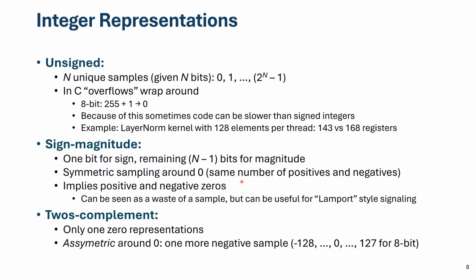So if we think about 8-bit integers, if we have value 255, which is the maximum representable in an unsigned 8-bit int, and we add 1 to it, and the result is also 8-bit, the result must be 0. That's mandated by C. And this extra processing that has to happen can result in slower code than if you were using just signed integers.